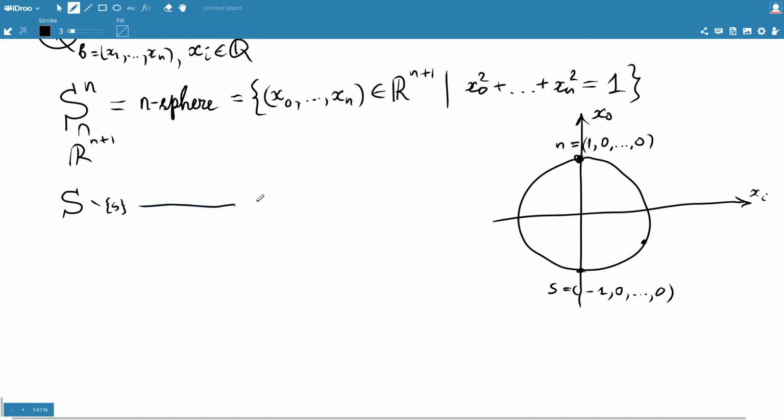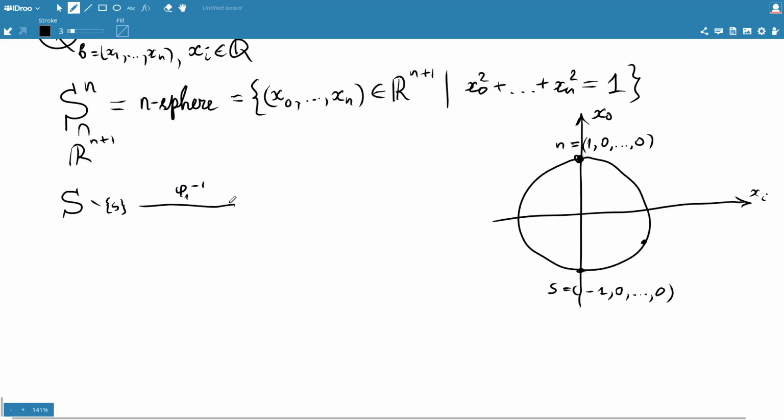The chart maps some open subset in R^n to a certain open subset in our manifold, but we take the inverse map, say phi 1 to the minus 1.